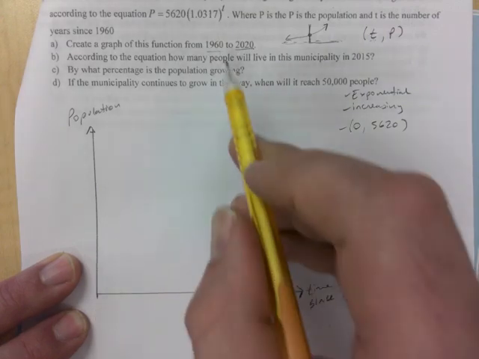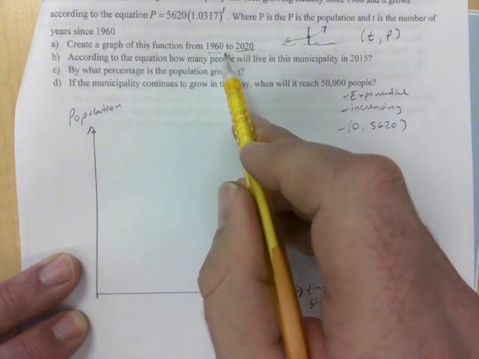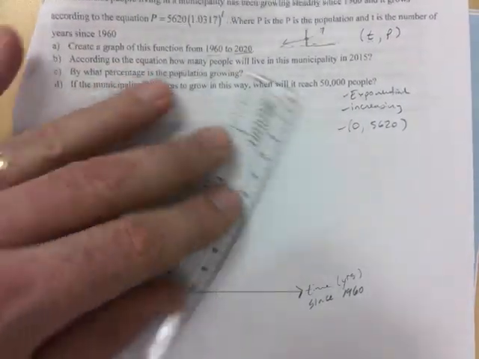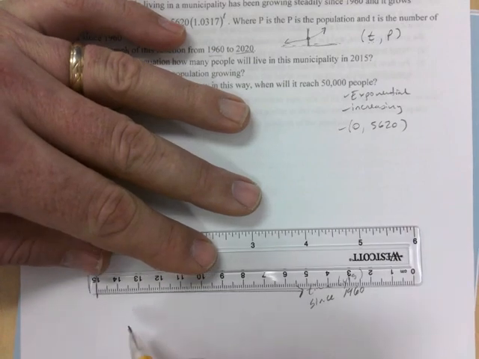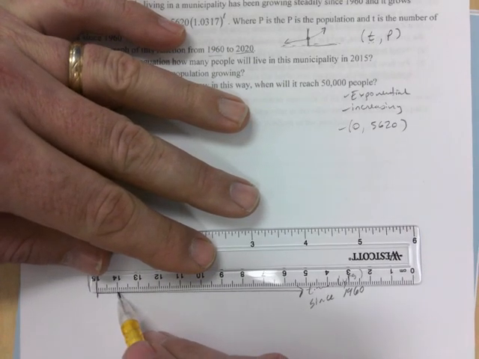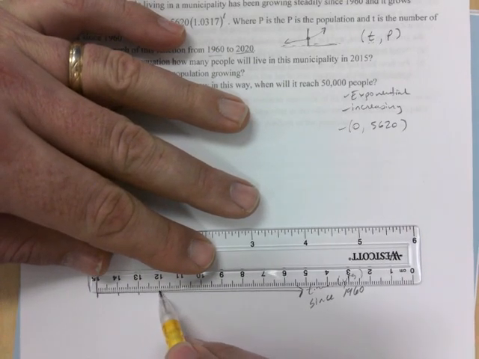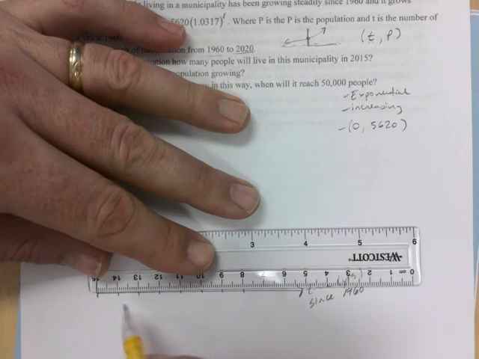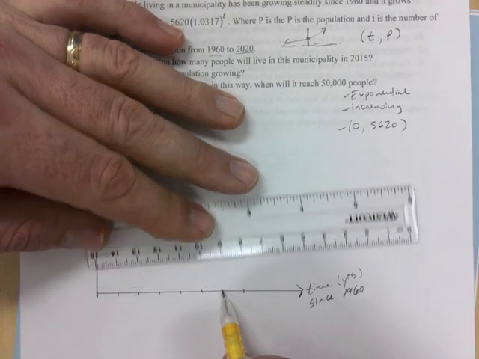So that's, if you think about it, 60 years worth of data, right? So let's see how we can make this work. 10, 20, 30, 40, 50, 60. 10, 20, 30, 40, 50. That works.